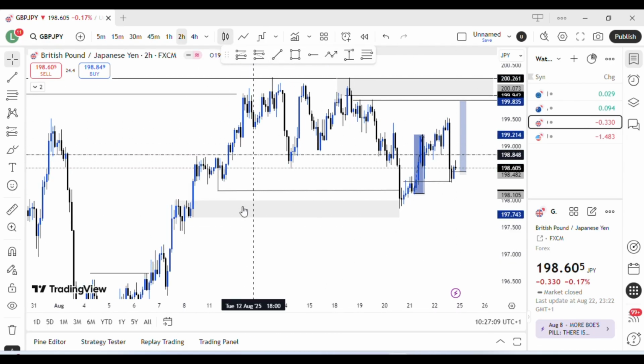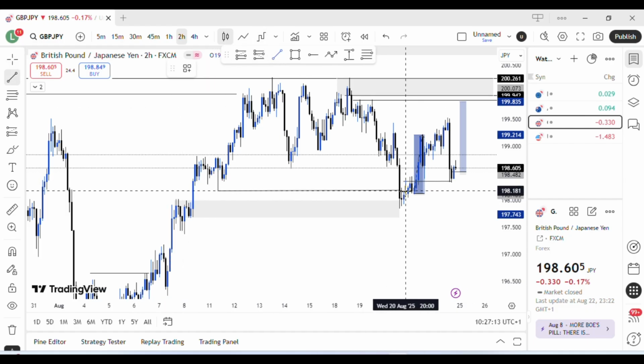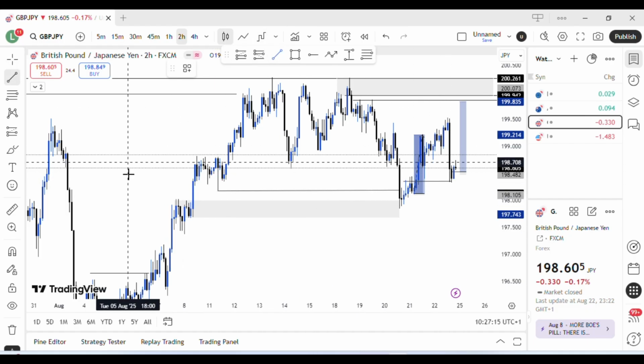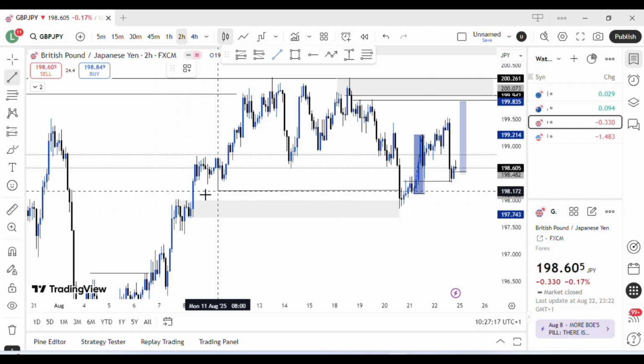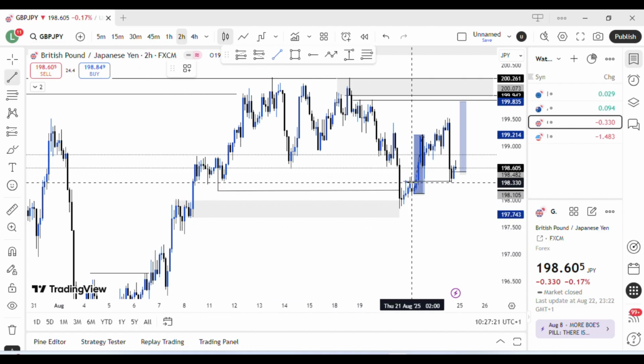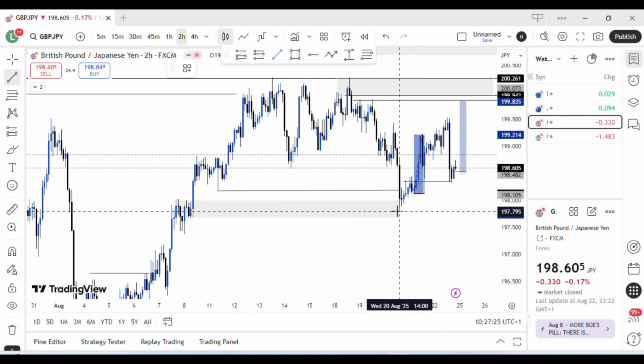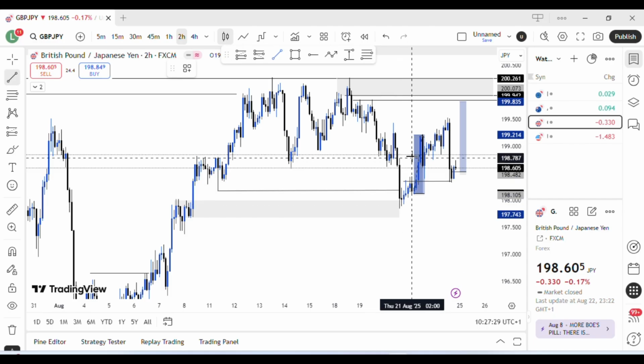Here we have liquidity, and this is our order block, the order block which the market has to mitigate before doing anything. So our market came back to the order block, mitigated it, and went up.